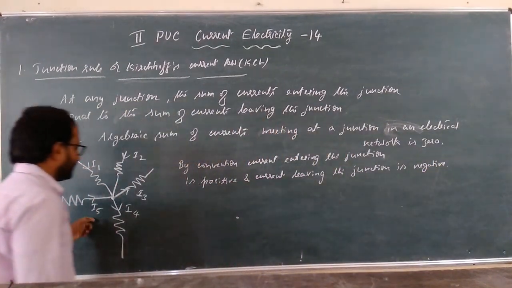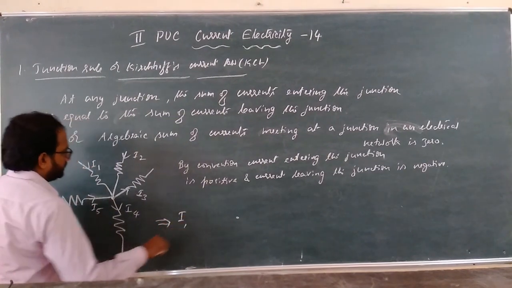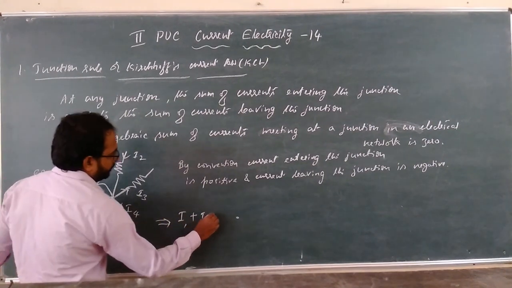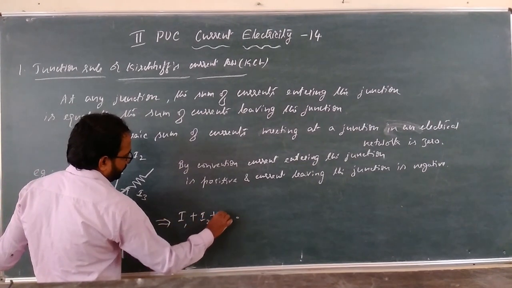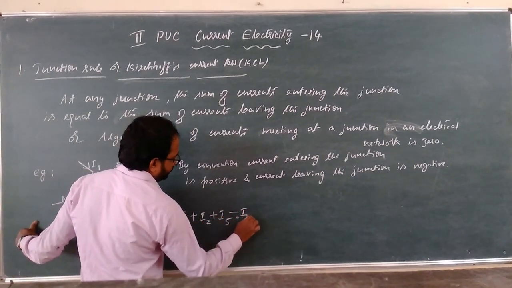So for this example, I1 is positive, I2 is positive, I5 is also positive, I3, I4 are negative.